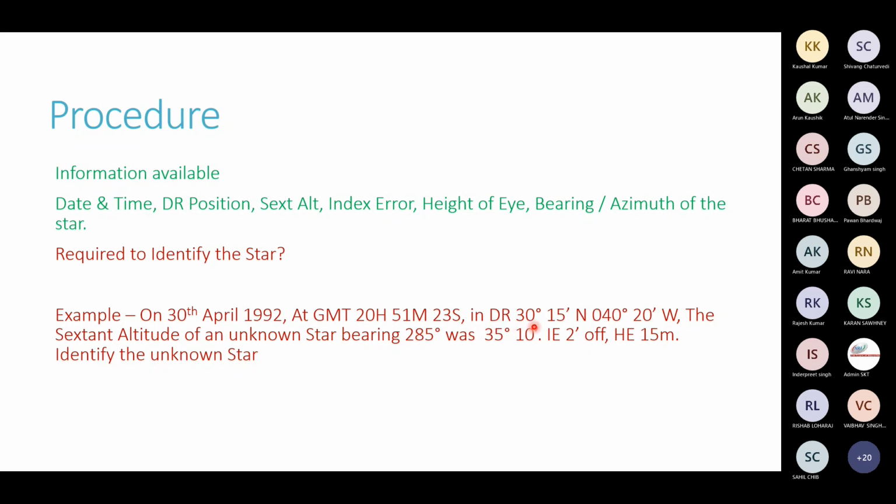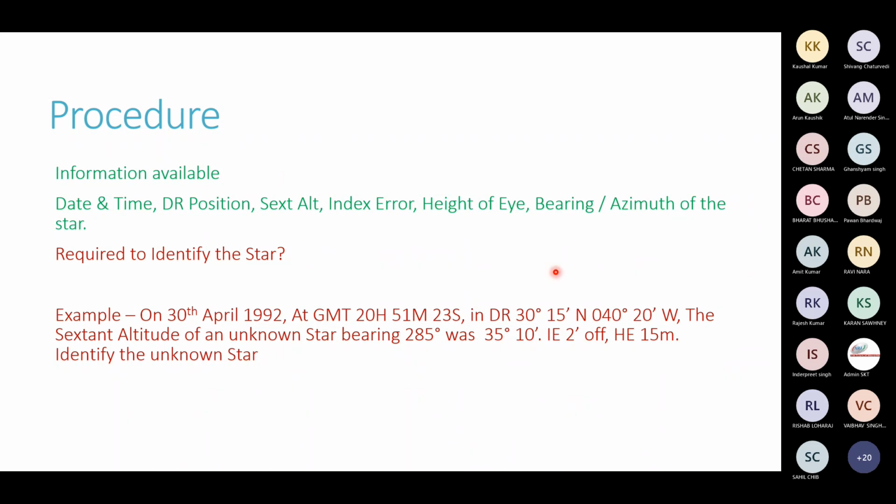DR position 30 degrees 15 minutes north, 040 degrees 20 minutes west. You see the DR position is also given to you. The sextant altitude of an unknown star bearing 285 was 35 degrees 10 minutes. Index error is 2 minutes of arc and height of eye is 15 meters.